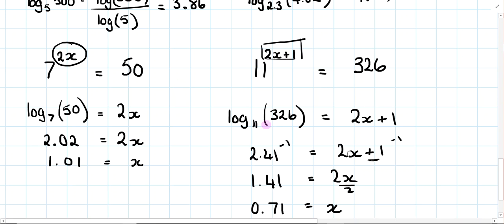Now in this case, the power is 2.41. So I've got 11 to the power of 2.41 equals 326. Now, I know that that is equal to 2x plus 1 from over here. I've asked you to solve for x, not the power.